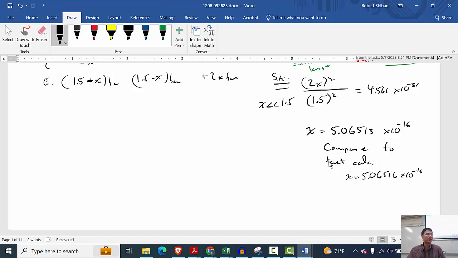Was there much of a difference here? No. Barely any difference. To the correct number of sig figs, we get the same answer.